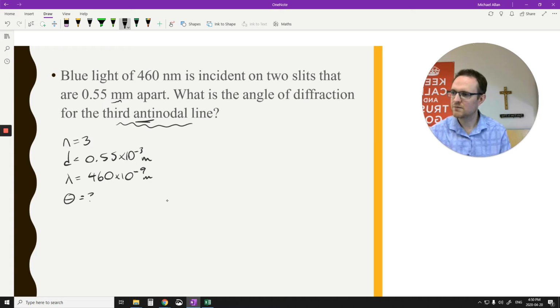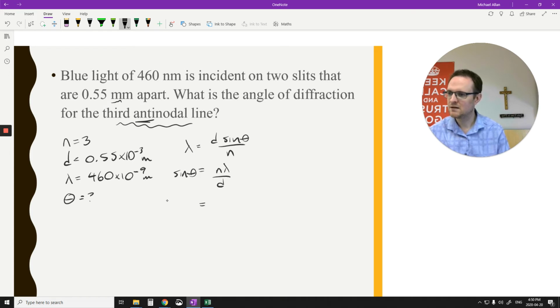So I'm going to write my formula here: d sine theta over n. We're trying to find theta, so I'm going to rearrange this for sine theta. So n lambda over d is equal to sine theta. n being 3, lambda 460, and d being 0.55 times 10 to the negative 3.